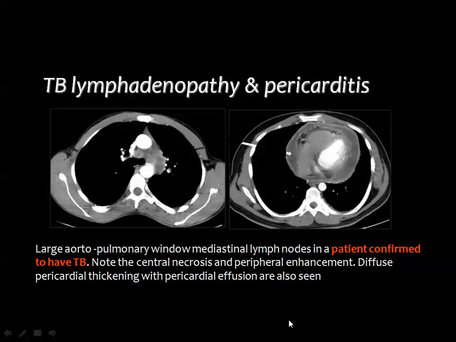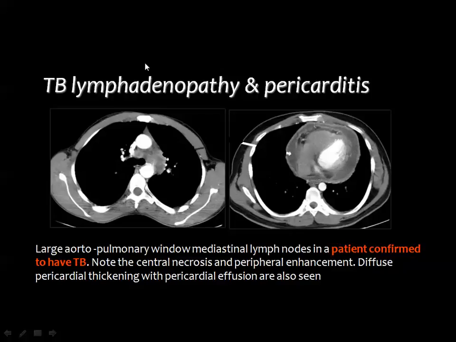This patient is proved to have TB, and the CT scan showed multiple small centrally necrotic lymph nodes in the mediastinum, together with diffuse pericardial thickening and enhancement with some pericardial fluid.